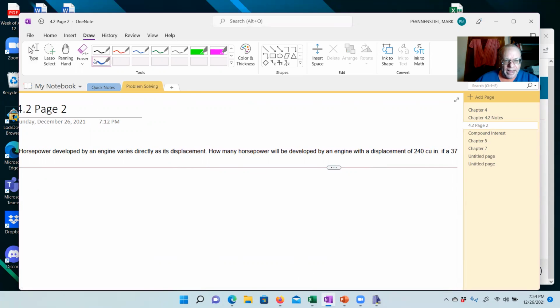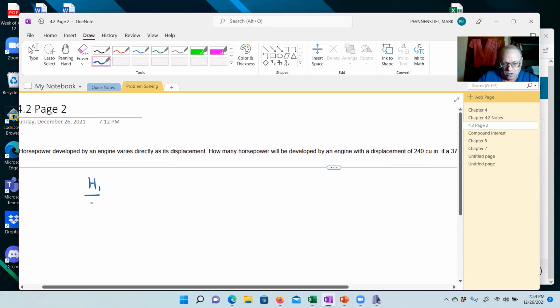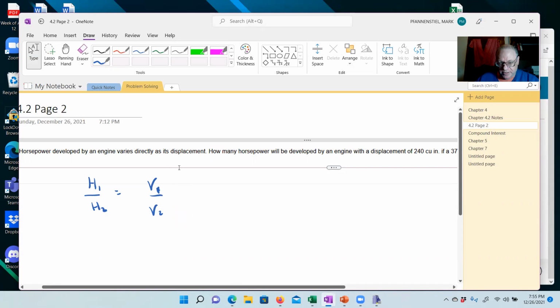So what we're going to have is horsepower 1, I'll call it H1, over H2, and that's going to change as volume 1 over volume 2, because it varies directly versus inversely. It's direct versus inverse.